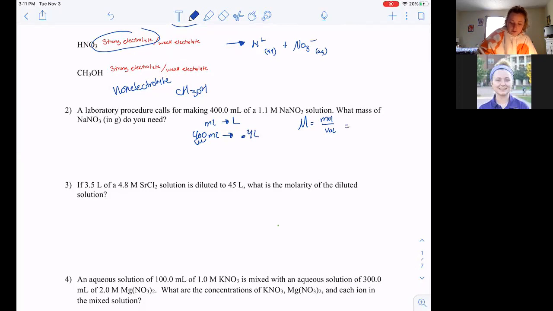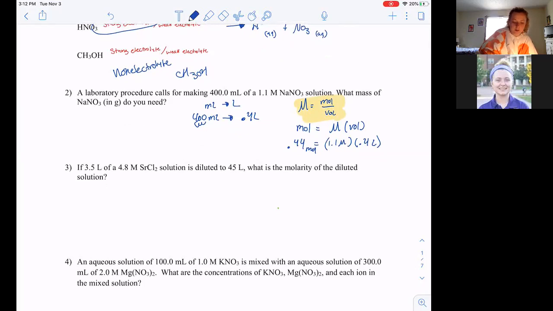Then we have to rearrange this to get moles by itself: moles is equal to molarity times your volume, which would be 1.1 molarity times 0.4 liters, and that's 0.44 moles.